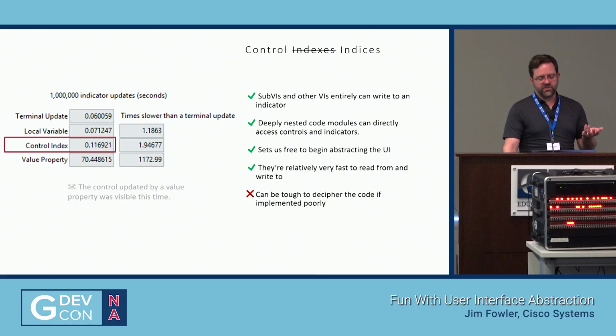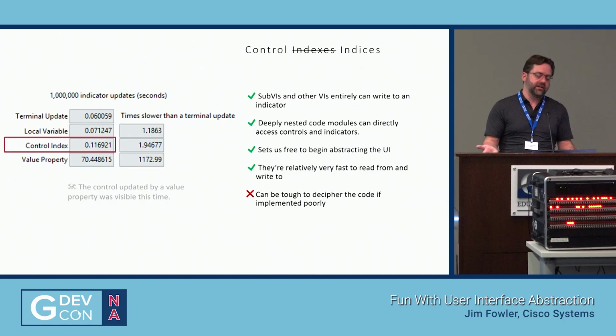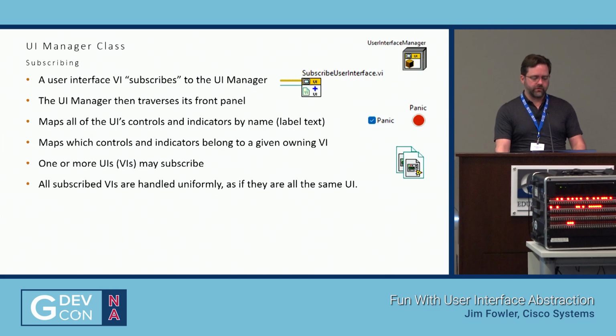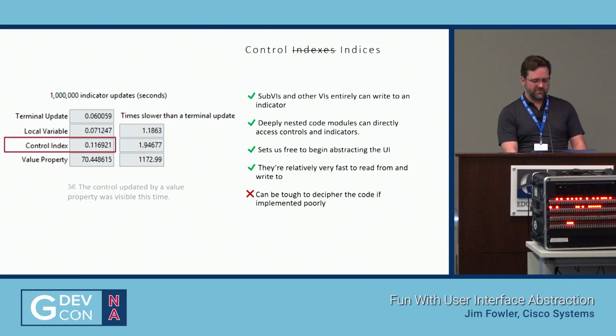You can have deeply nested code modules that can directly access the front panel controls and indicators, and this can be good and it can be bad. If you do it poorly, you can make some spaghetti and it might be tough to decipher. And they are fragile. You delete one control and all the numbers are changed.